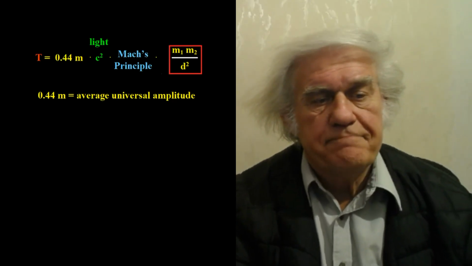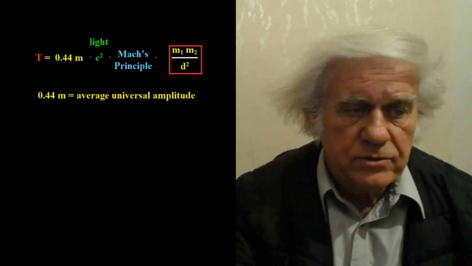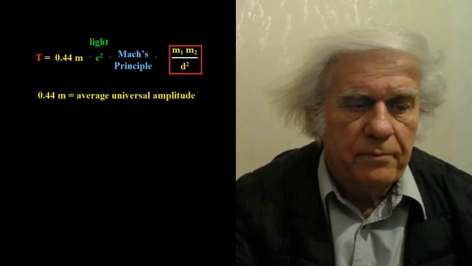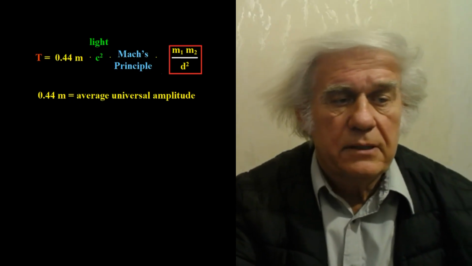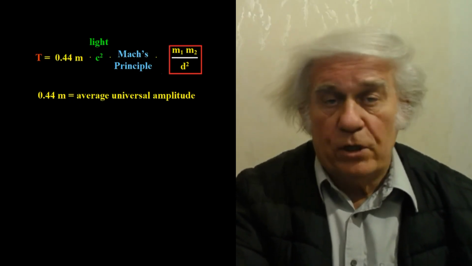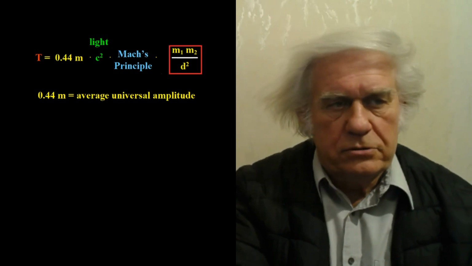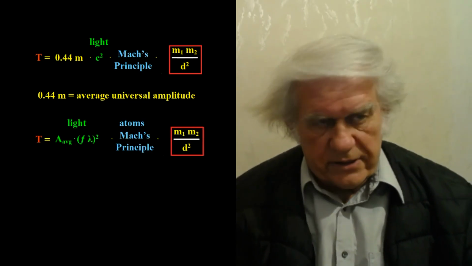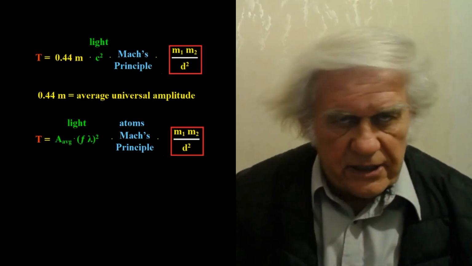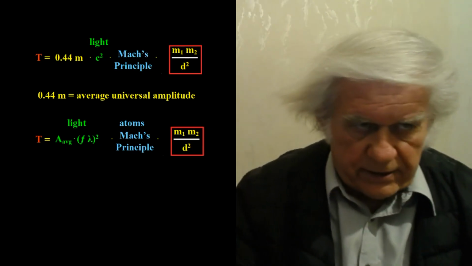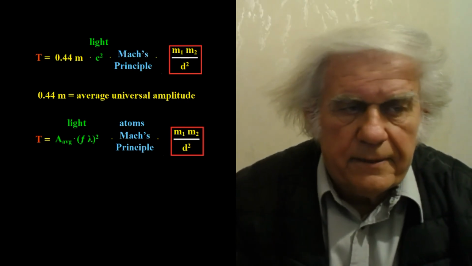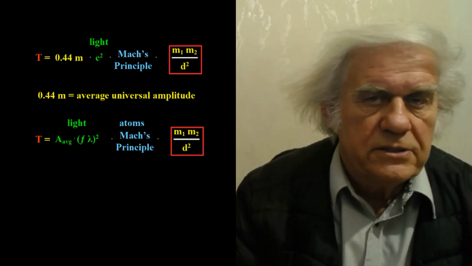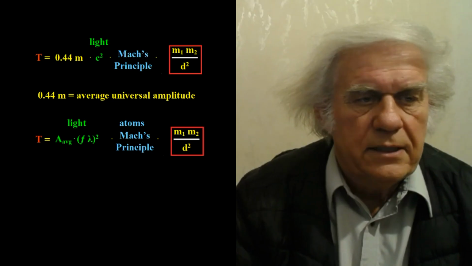So that's what we say the 0.44 meters is, because that belongs to the light portion of the equation. And here we're going to synthesize and say, we're going to replace the little c there with frequency times wavelength. Hopefully I'm allowed to do that, because that's what the little c is. And remember, it's a constant.